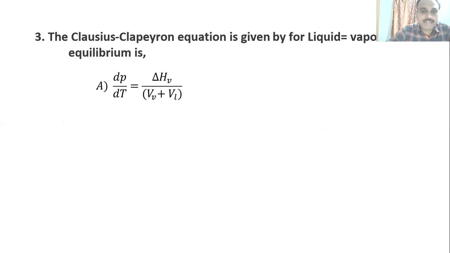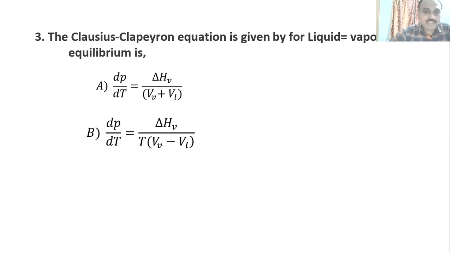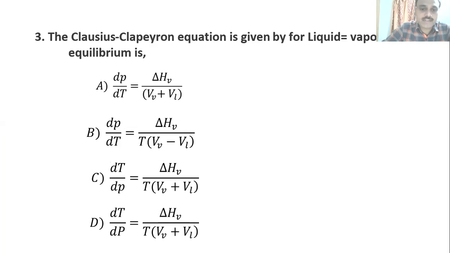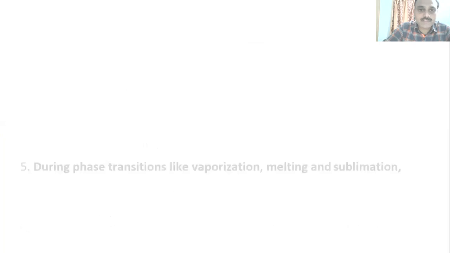Option A, dP by dT is equal to delta HV by T into (VV plus VL); dP by dT is equal to delta HV by T into (VV minus VL); dT by dP is equal to delta HV by T into (VV plus VL); and dT by dP is equal to delta HV by T into (VV plus VL). And remember the Clausius-Clapeyron equation and its integrated form, and now find the answer. Option B is the answer.